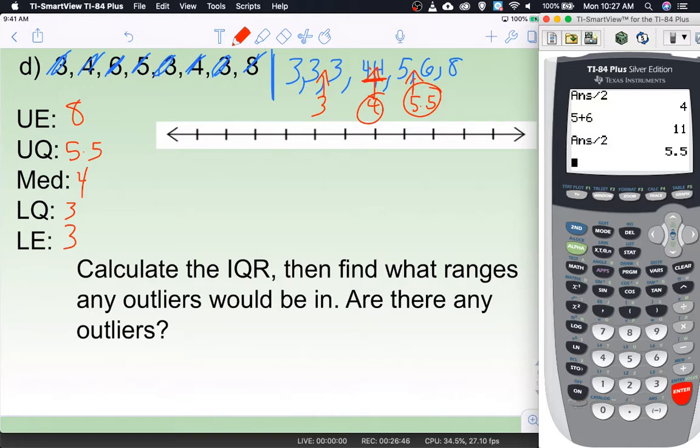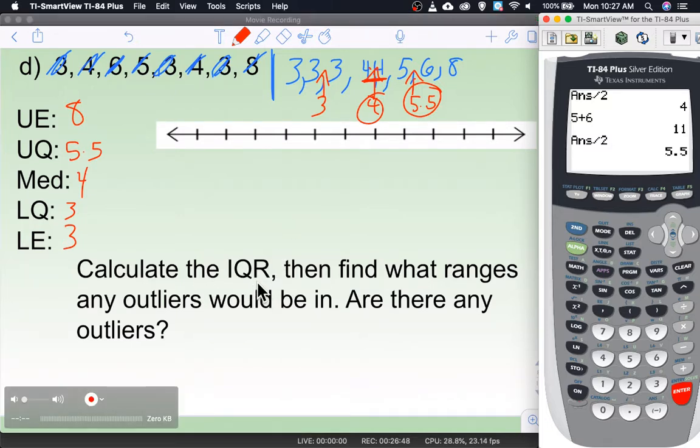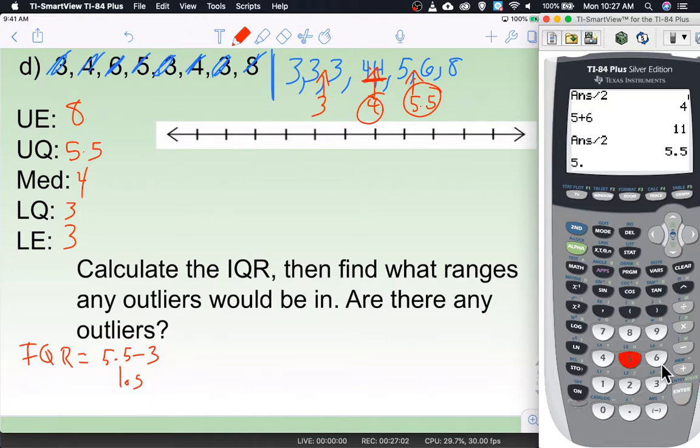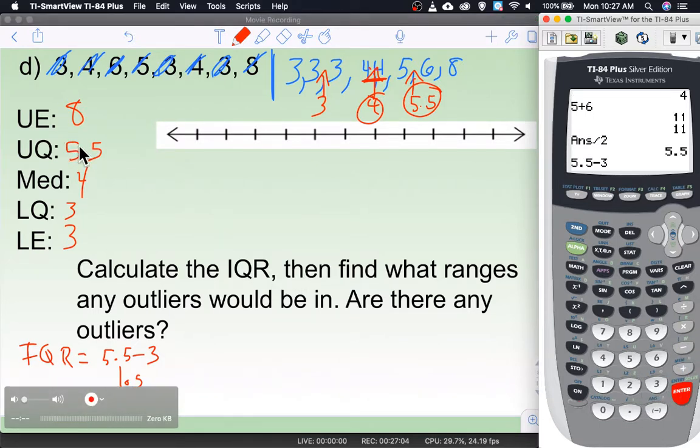Now let's take a minute and calculate our interquartile range and figure out if there's any outliers here. So the interquartile range would be 5.5 minus 3, which is 1.5, right? 5.5 minus 3, that's the upper quartile minus the lower quartile. Ooh, I was wrong. It's 2.5.